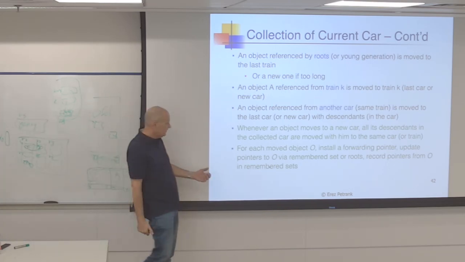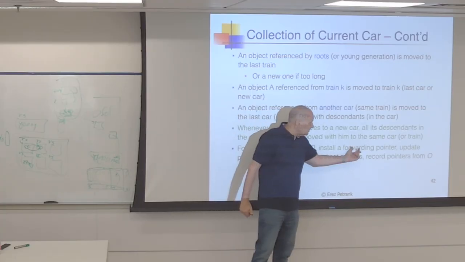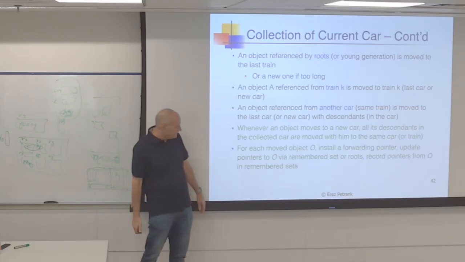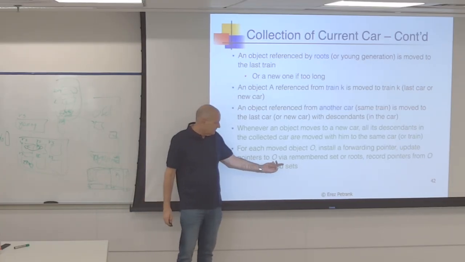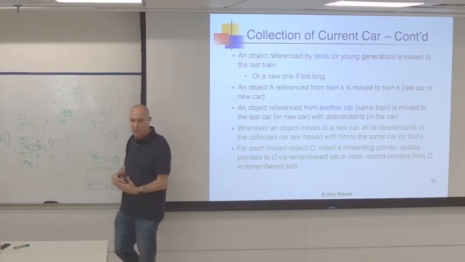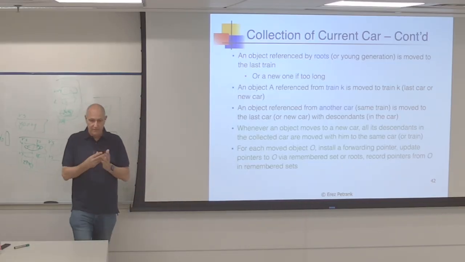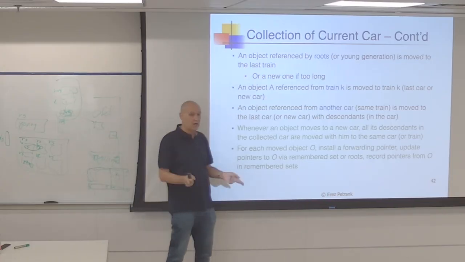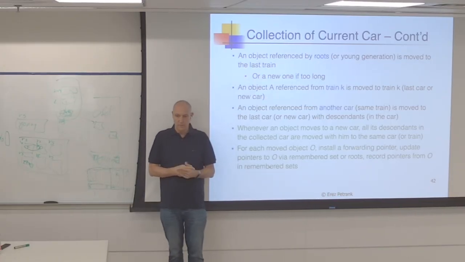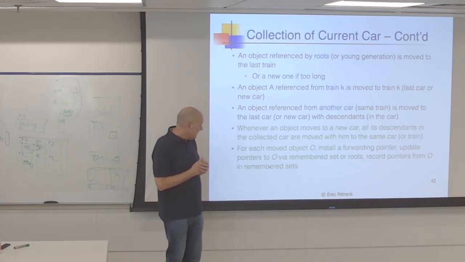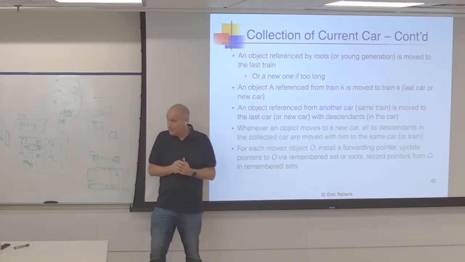So I keep a forwarding pointer in every object that I copy, and I update pointers to the object. The remembered sets will tell me everything that points to any object in this car, and I'm going to fix all these pointers and move objects if needed. So that's it.